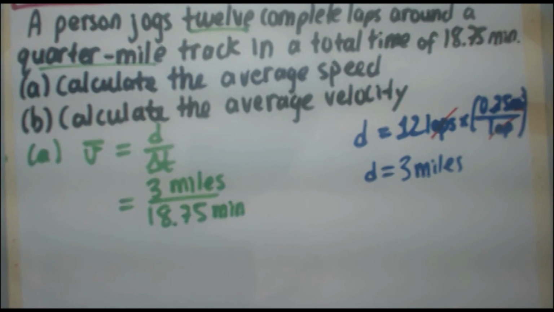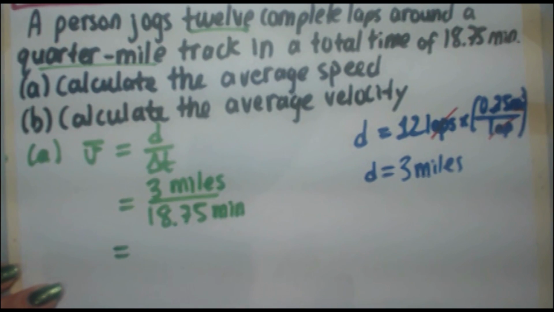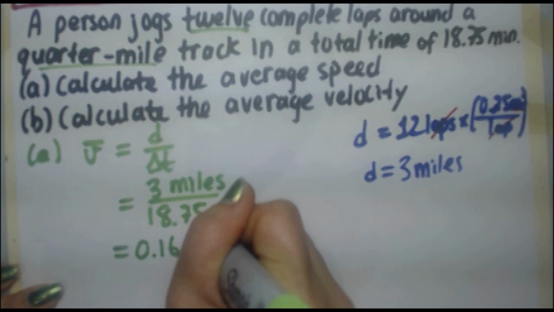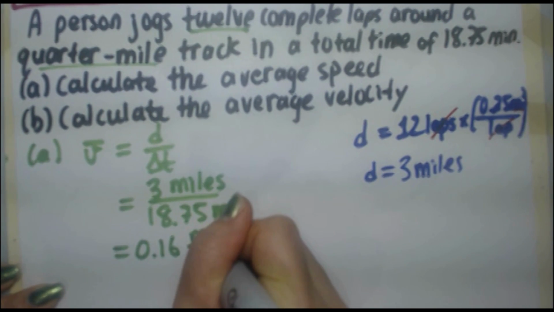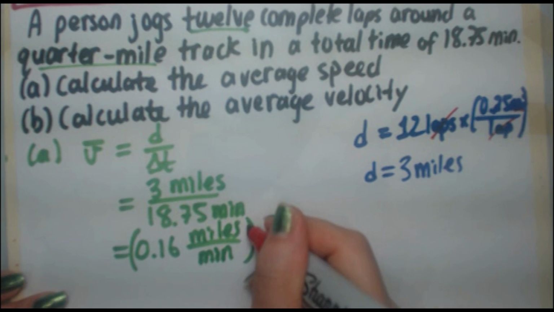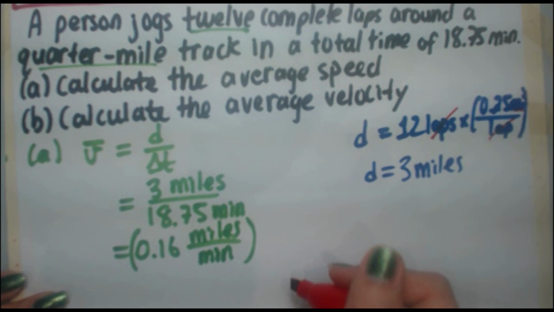So we're going to have to do a few little calculations there. But first let's simplify. 3 divided by 18.75 is 0.16, so we have miles per minute. Now we're going to multiply that by 1 a few different times. We have to multiply it by 1 actually twice because we have 2 units we're changing. One is the miles, one is the minutes.